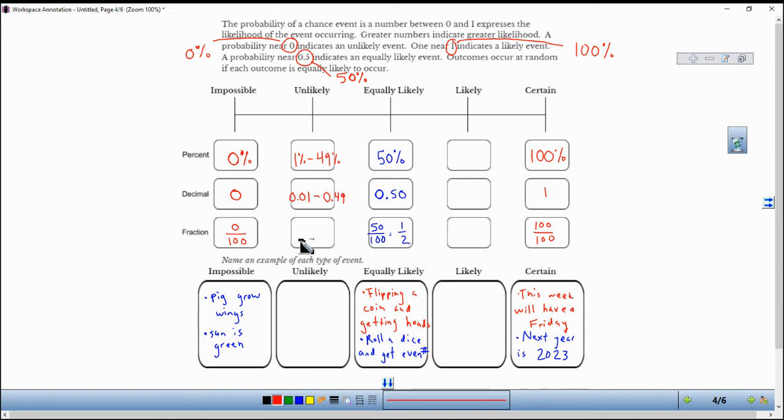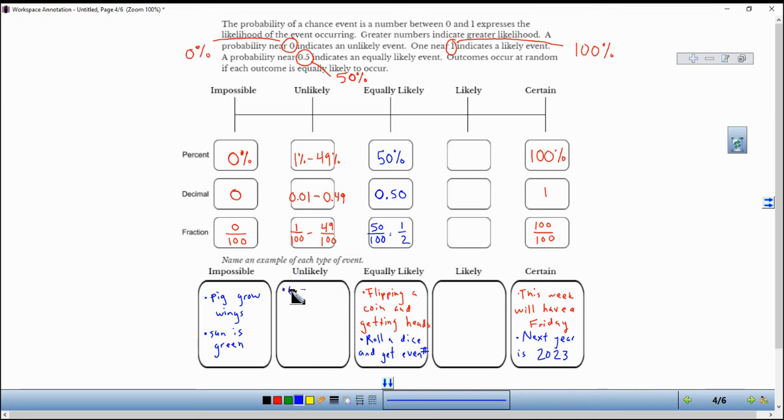Okay, and then the fractions would be somewhere between 1/100th and 49/100ths, somewhere in that range. So events that could be unlikely, but still possible, could still possibly happen.